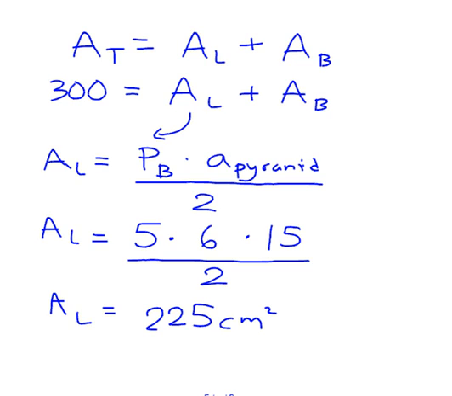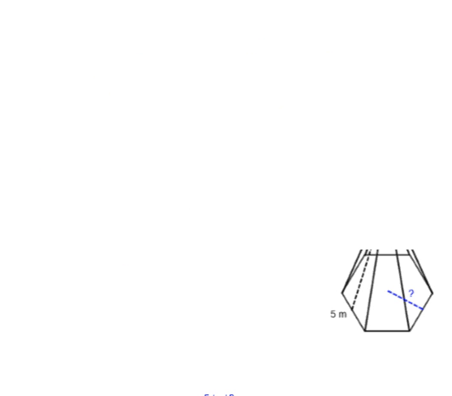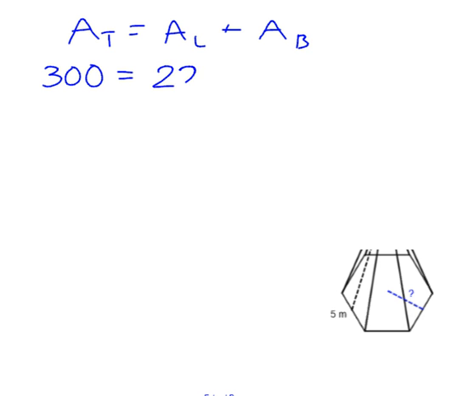Let's look at the area of the base now. Okay, so we know what we have right now. We know that the total area is 300. We know that the lateral area is 225. And we're looking for the area of the base. So how can you figure out the area of the base over here?